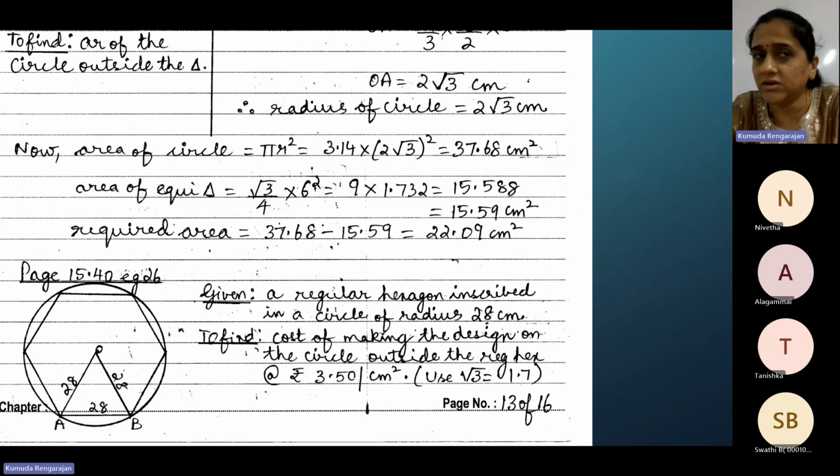Find the area of the circle outside the hexagon. That's the question.